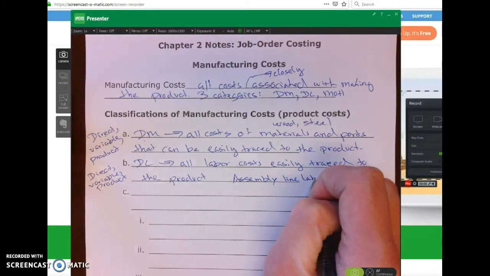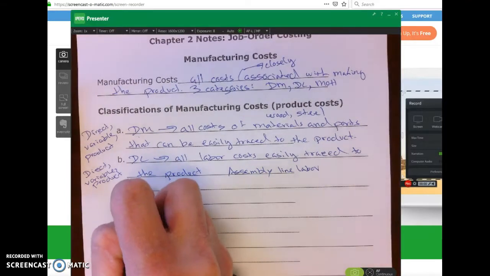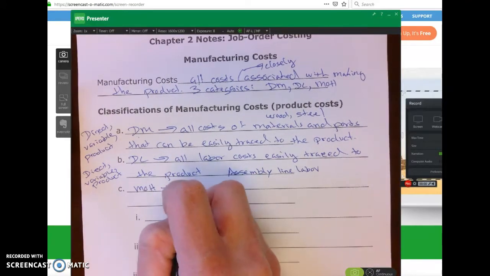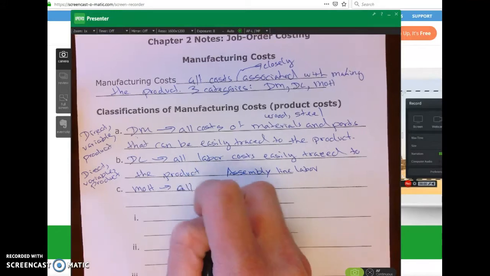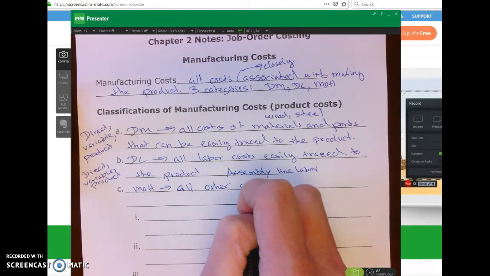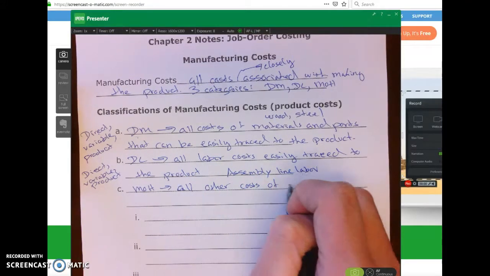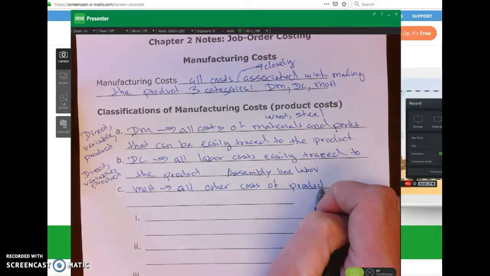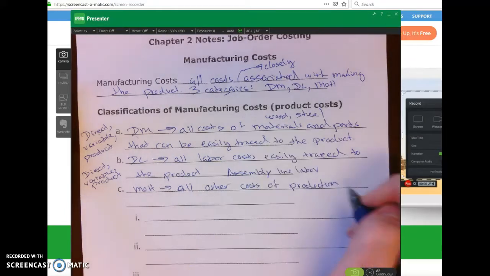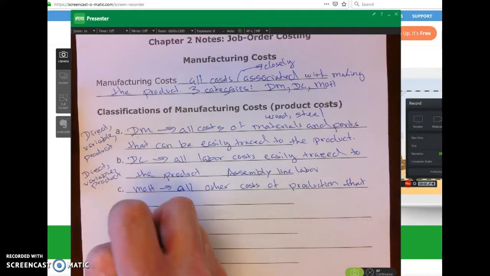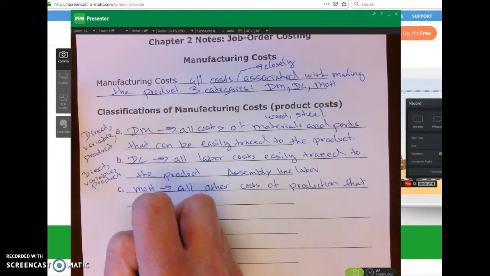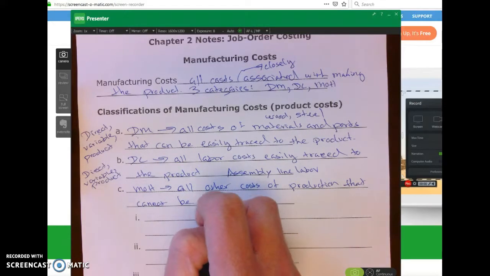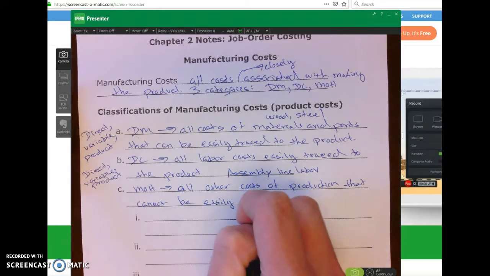The last one is manufacturing overhead. It is all other costs of production of making the final good that cannot be easily traced to the products that we make.